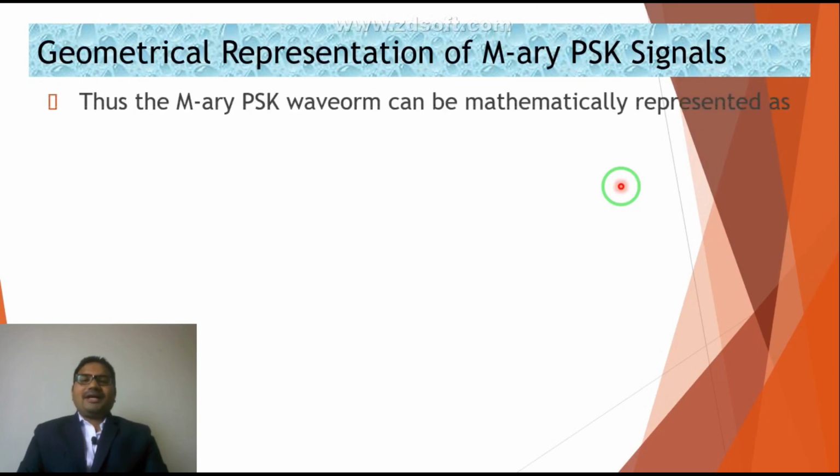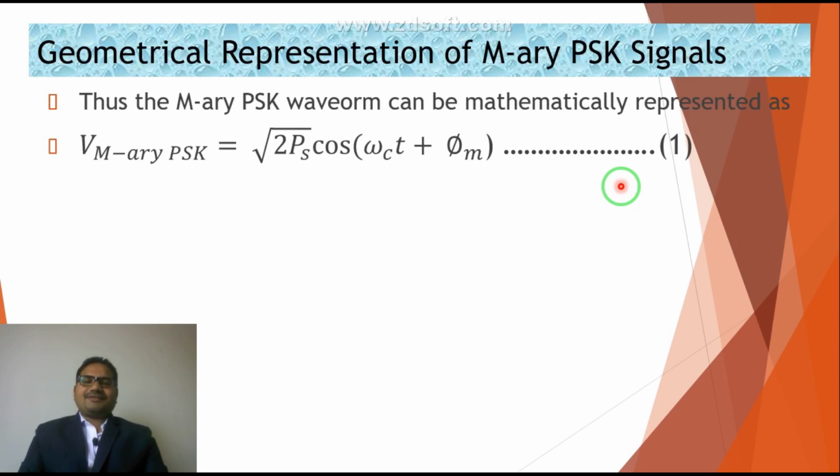Now, mathematically, how can we represent this? If you remember that PSK equation, for M-ary PSK how could we write it? It is square root of 2Ps cos(omega c t plus phi m), where m goes from 0, 1, 2 up to M minus 1.